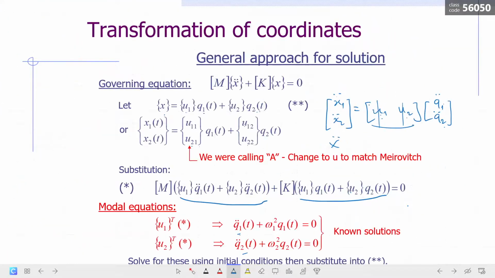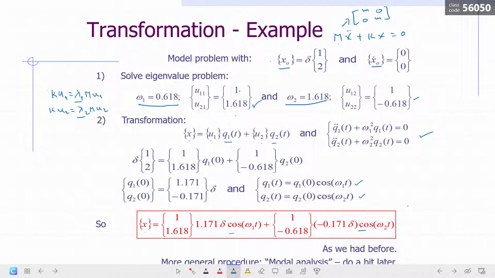Next time I will go through the whole process. I will require you to follow all the process practically, using MATLAB to find eigenvalues on this example or other examples.